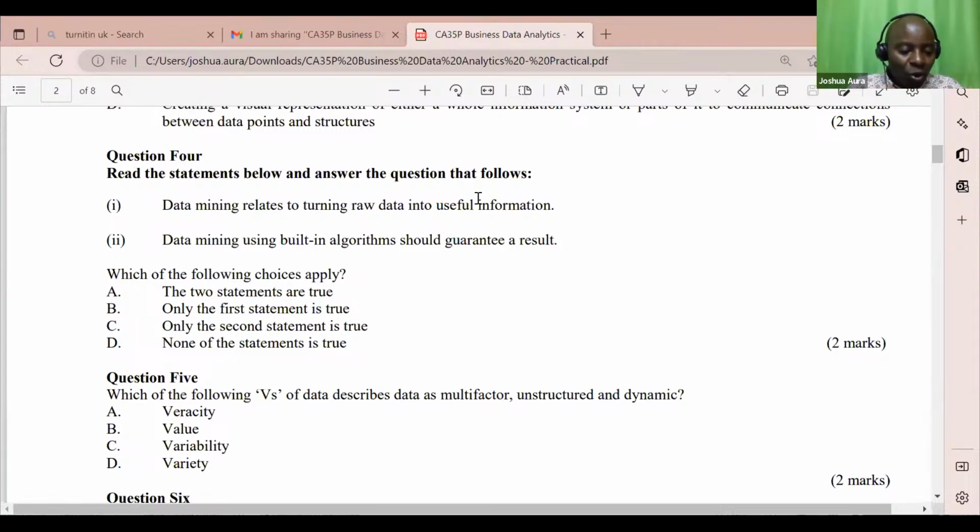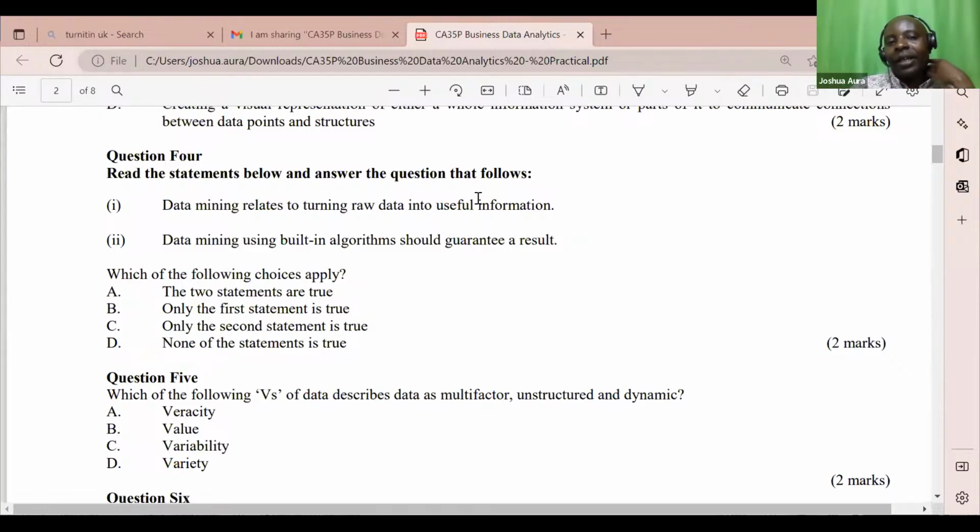You extract raw data and then work through until you come up with a model, which you shall be able to deploy. So data mining relates to turning raw data into useful information. So statement 1 is correct. Any option with statement 1 being false is wrong. C, only the second statement is true, that's wrong. D, none of the statements is true, wrong. So now I'm debating between A and B.